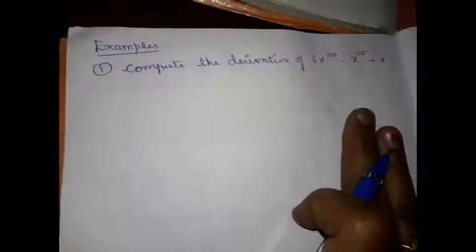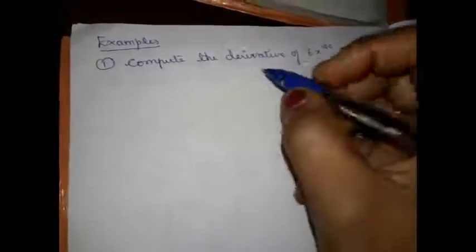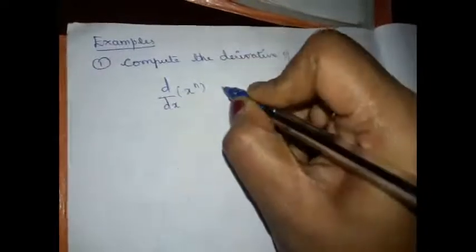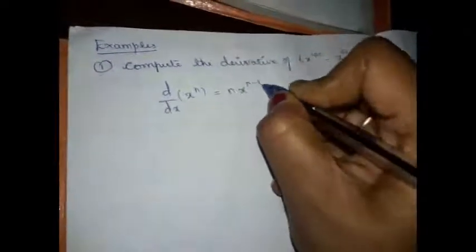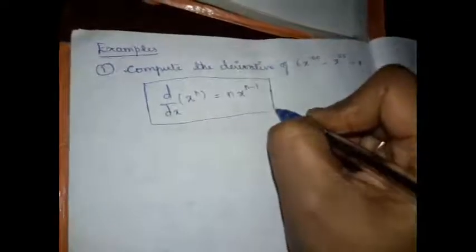Now let us see how to solve this problem. Compute the derivative of 6x^100 minus x^55 plus x. This is a direct application of the previous theorem: d/dx of x^n is n times x^(n-1). We apply this result together with the algebra of derivatives.